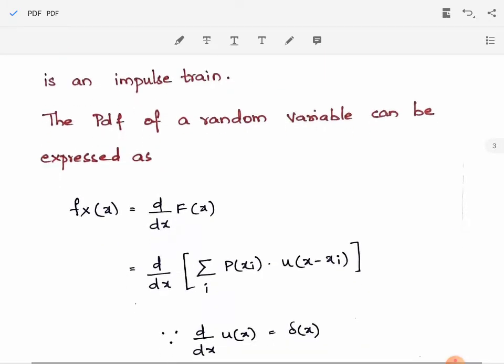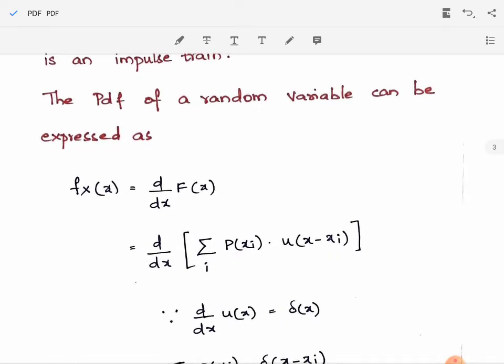Now the PDF of a random variable can be expressed as, by definition we know that f_X(x) is equal to d by dx of F_X(x), the derivative of the CDF, cumulative distribution function. Now if you observe the cumulative distribution plot, the F_X(x) can be written as a function of unit step function. So d by dx of sigma over the values i, p(xi) into unit step function u(x minus xi).